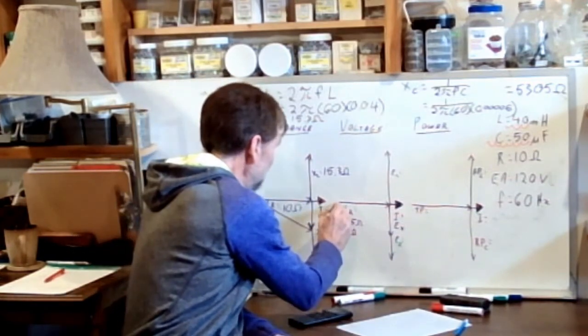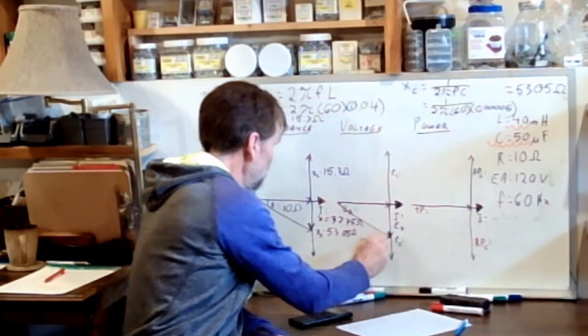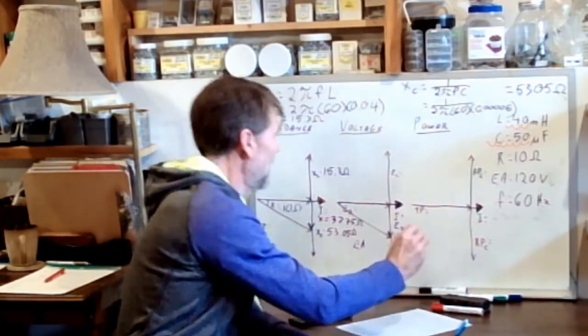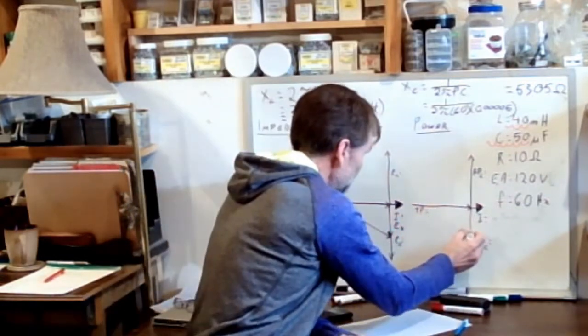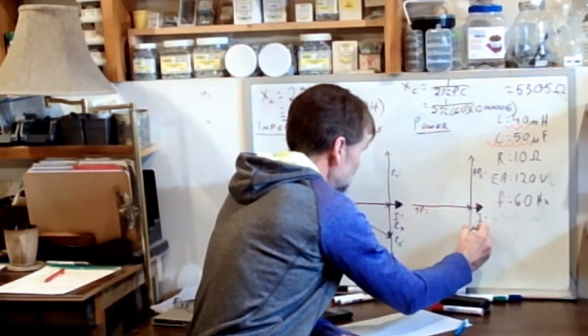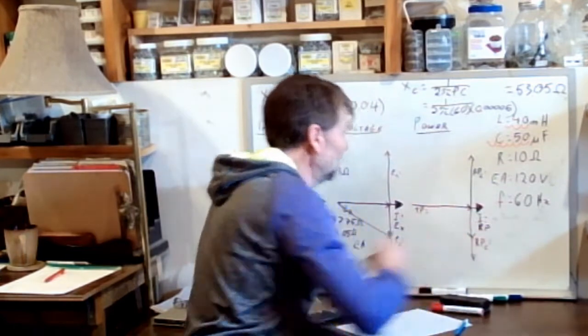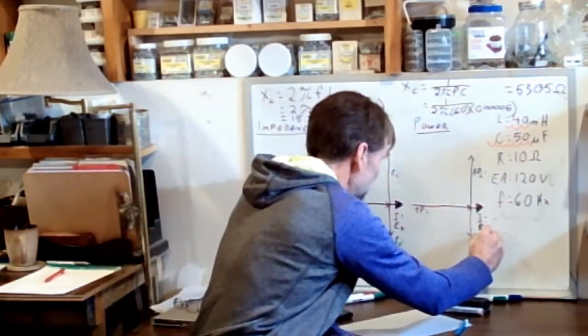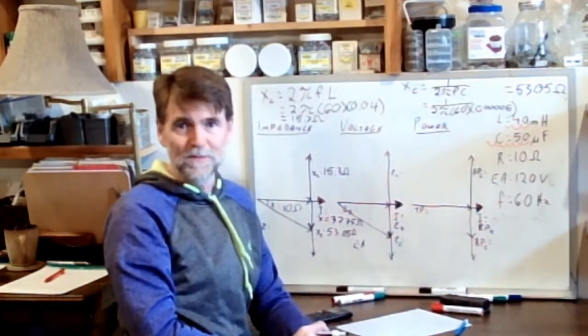And then I have a vector here, which is my resultant vector, which is EA. And then over here I can do the same thing. I'll call this RP, reactive power.